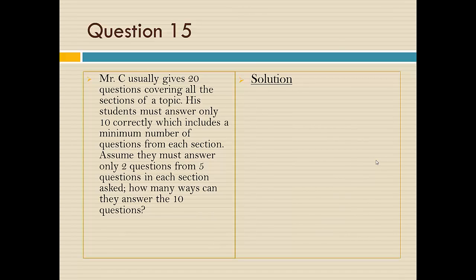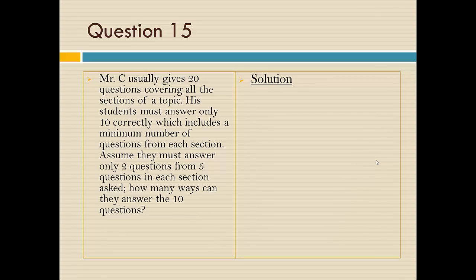I know this is a kind of long word problem, and some students just read it and they don't understand it. They get confused right away. Okay, let's look at this now. 20 questions to answer 10. Correct?